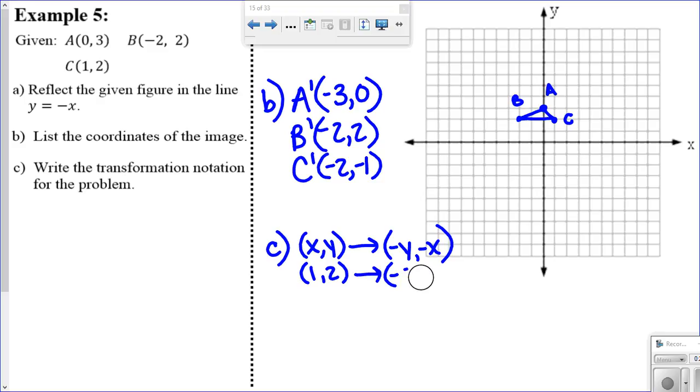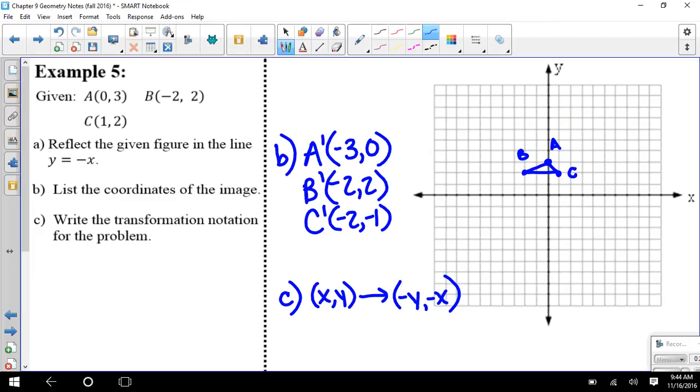With these reflections, it may be a little easier to work backwards, especially with those diagonal lines, if you remember the notation, which you need to. And now I'm just going to graph it. So I'll change colors here.